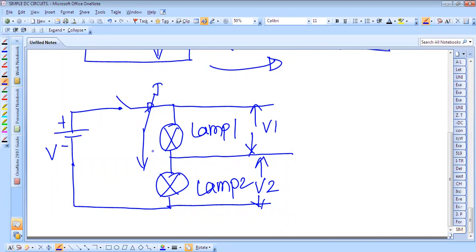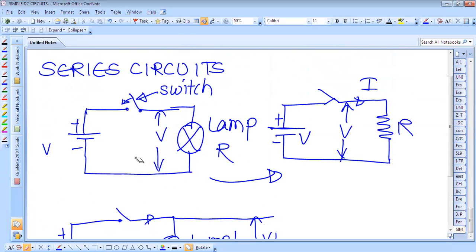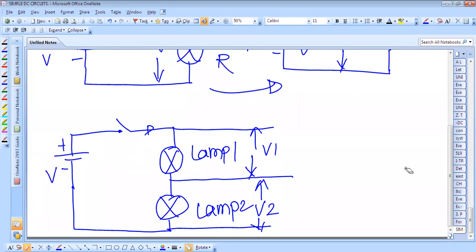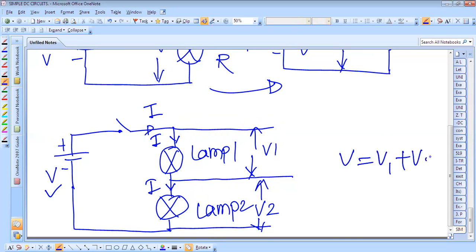The current flowing through the circuit is the same. The same current is flowing here, the same current is flowing here, but the voltage is now divided. Initially there was one lamp connected in the circuit, now there are two lamps connected, and therefore the voltage is divided. Therefore this total voltage V is now V1 plus V2. The voltage is divided across these lamps.